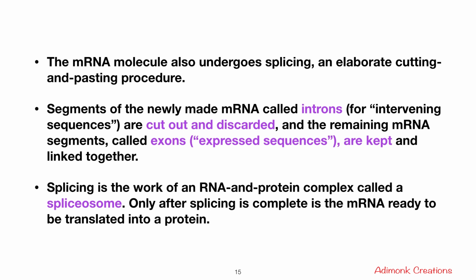Once the introns are cut and discarded, the final mRNA is also known as the mRNA transcript. So splicing is the work of an RNA and protein complex known as the spliceosome, and only once the splicing is complete, the mRNA is ready to be translated into a protein.